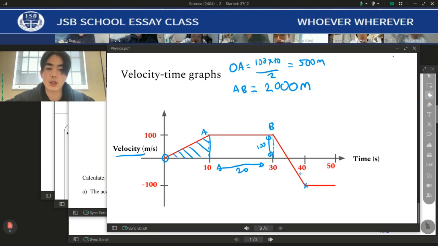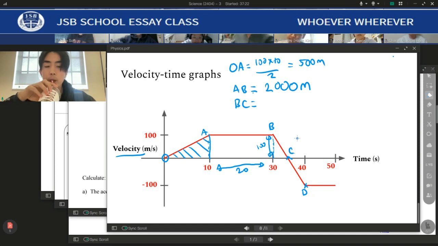Okay, so let's call this C and let's call this D here. Timothy, B to C. What do you think the area is for B to C? 250. Good. 100 times the time is now half, right?